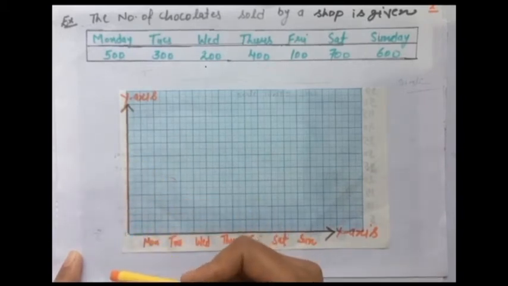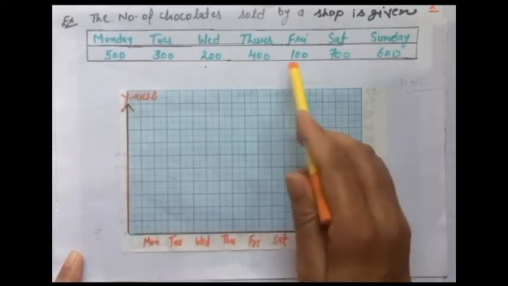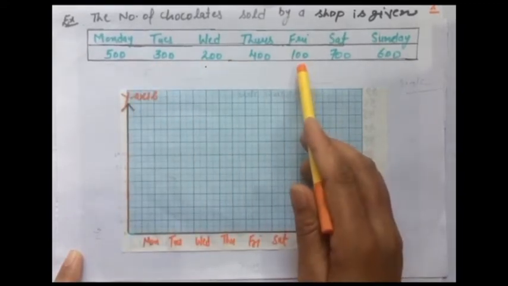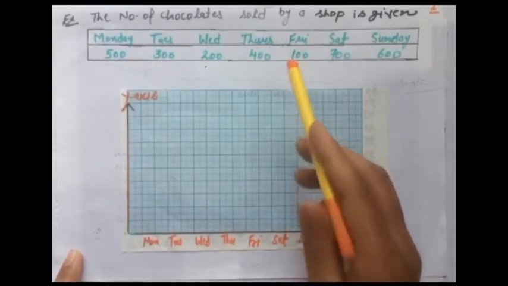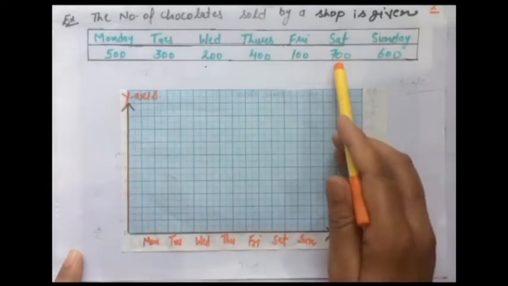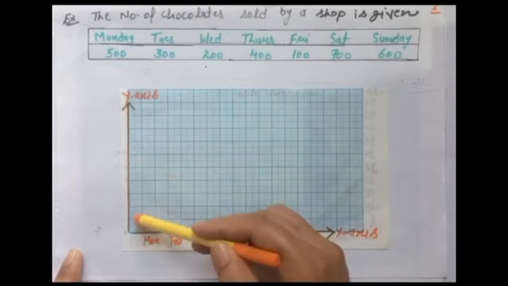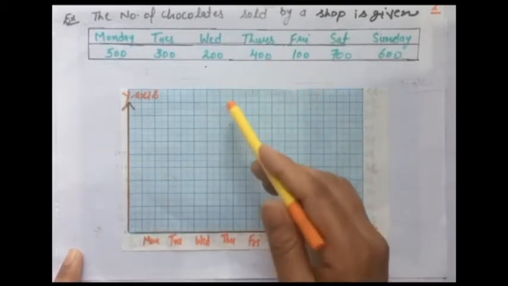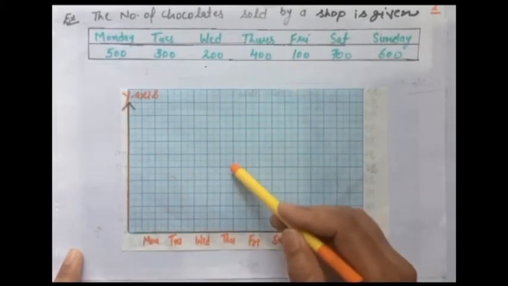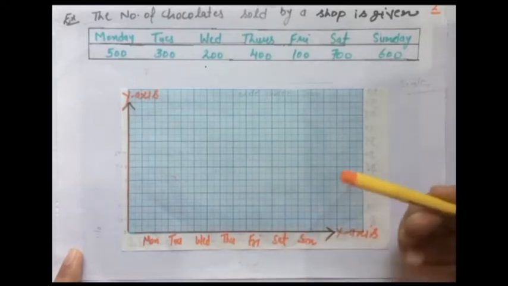That we will decide by looking at this data. Look, the smallest value is 100 and the highest value is 700. So we choose an interval so that the graph is easy to plot and easy to understand.